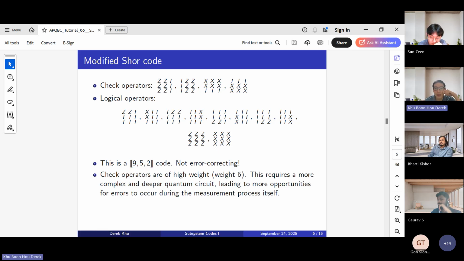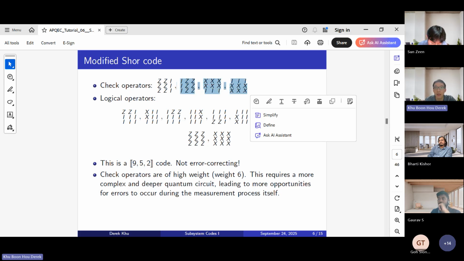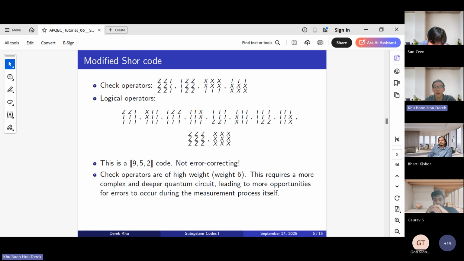It is an error detecting code, but it is a slightly problematic one because the check operators are of pretty high weight. If you look at these check operators, they are all weight 6. Which means that in practice, when we try to perform the measurements for the checks, the circuit is going to be more complex.